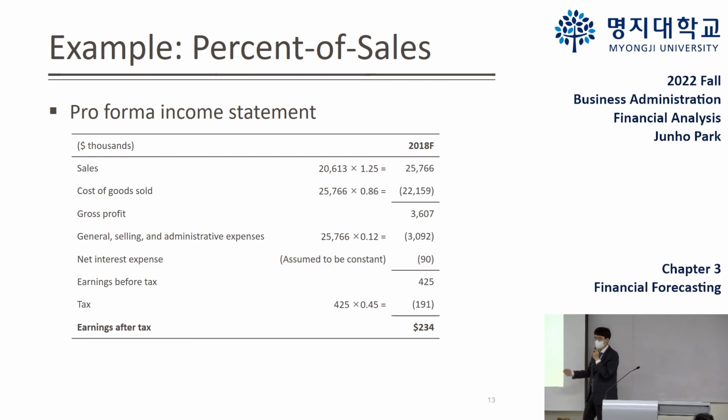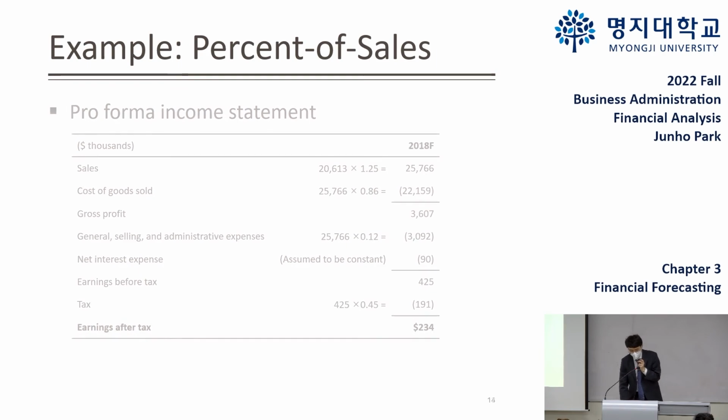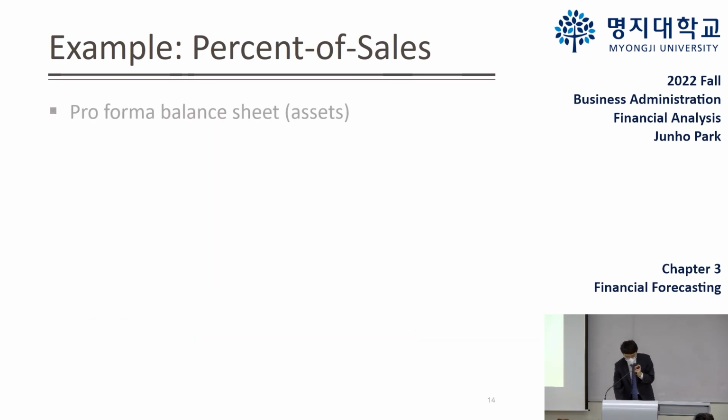However, if we borrow those huge amounts of money from the bank or someone else, then we would pay a lot of interest, and the net interest expense will become larger and larger. So if interest expense becomes higher, you have lower earnings before tax, and you have lower earnings after tax, which is the net income predicted. So the net income will be reduced.